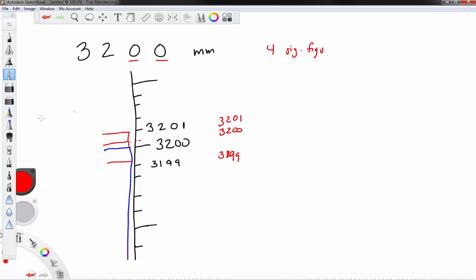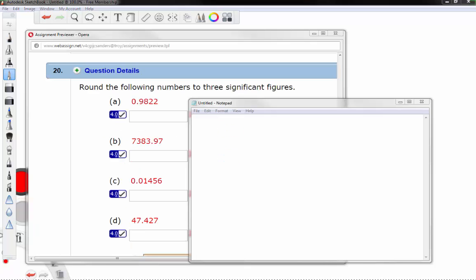Now, to complete today's short video, what I want to do is actually look at an example. And so let me pull that up. Since we are using WebAssign in this term, I'm pulling up the one question of this from WebAssign. So this is one of your homework questions.